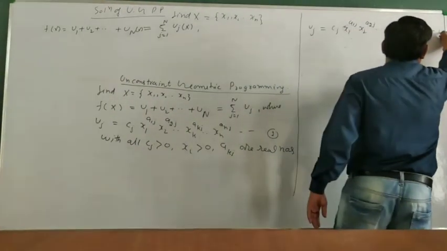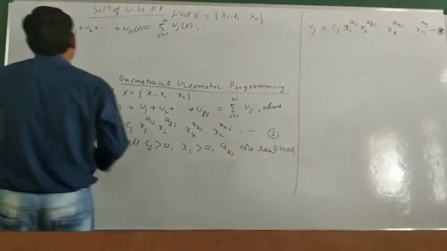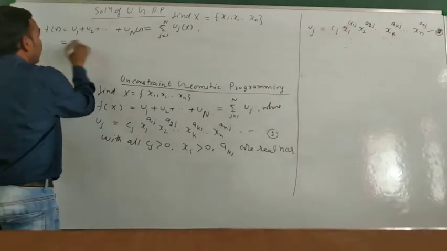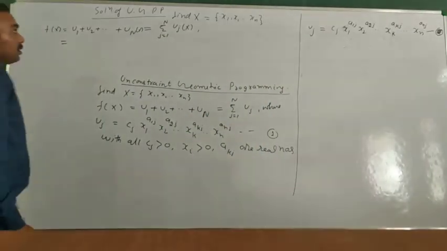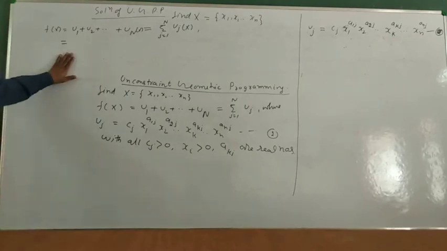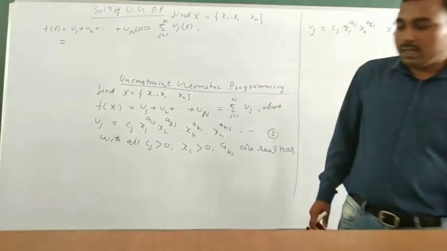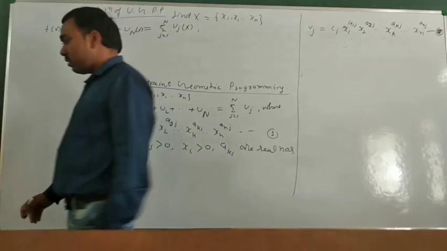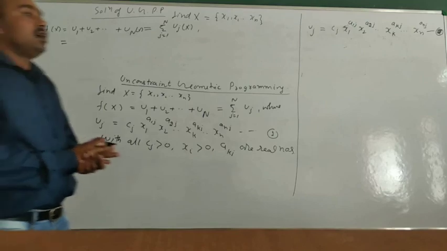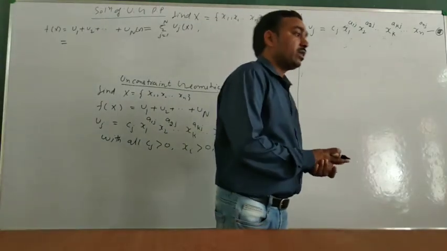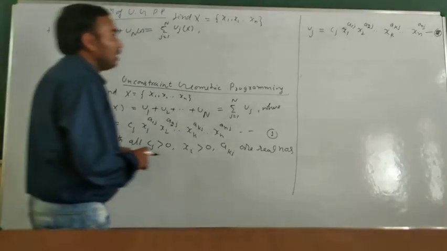We take this as number 2, and this is the objective function. We know that if we want to optimize the function, then first we differentiate with respect to the variables. If the function has 3 variables x1, x2, x3, then first differentiate with respect to x1, x2 and x3.